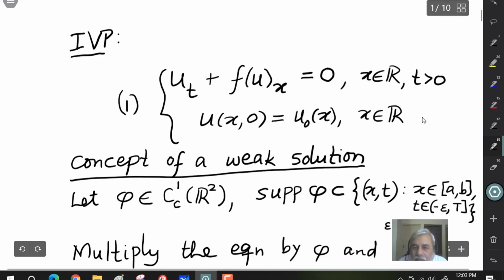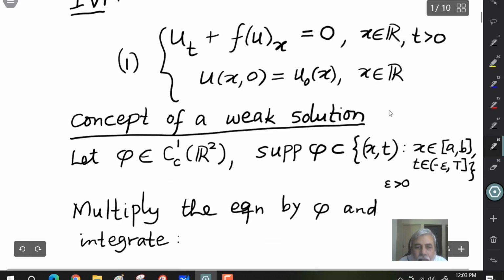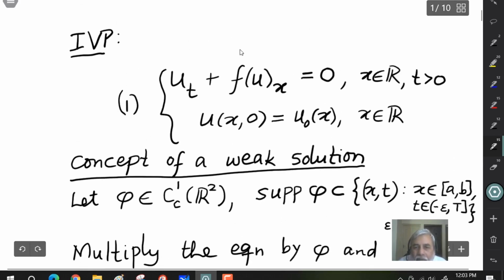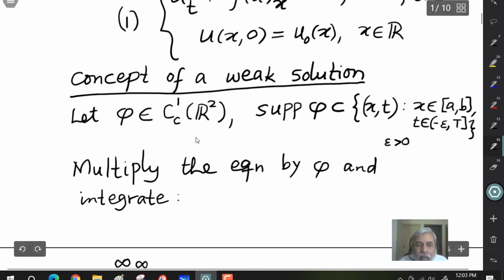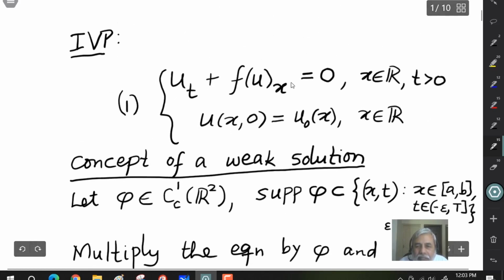So let's start with a discussion on what is meant by a weak solution. That's the concept of weak solution. So this is the motivation. Suppose we have a smooth solution, that is a differentiable solution, to this problem 1. Now you multiply this equation by a smooth function phi in C^1_c, where the subscript c denotes compact support.